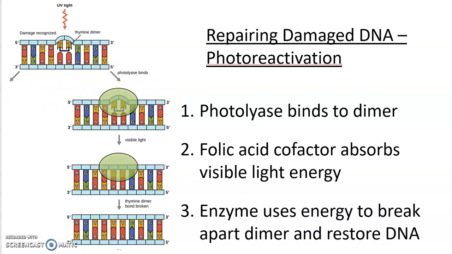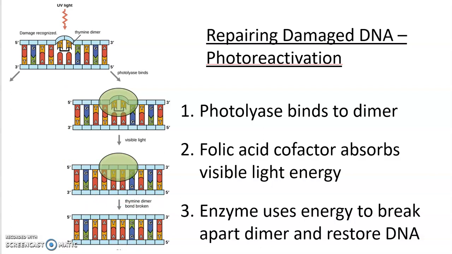And if it is daytime, then the visible light that is hitting the cell is actually going to get absorbed by a cofactor called folic acid that is built into that enzyme there. And that energy that is absorbed from the visible light is going to be used by this enzyme right here to basically move those electrons apart, and that'll restore the shape of your DNA, and you've got your normal DNA back.